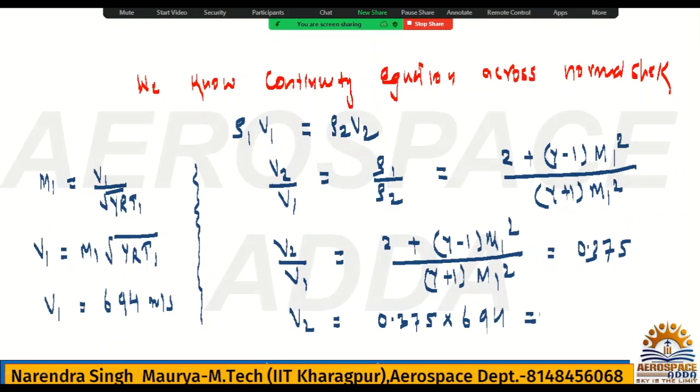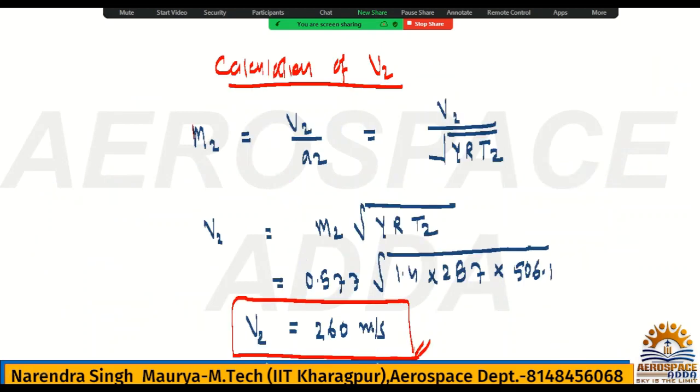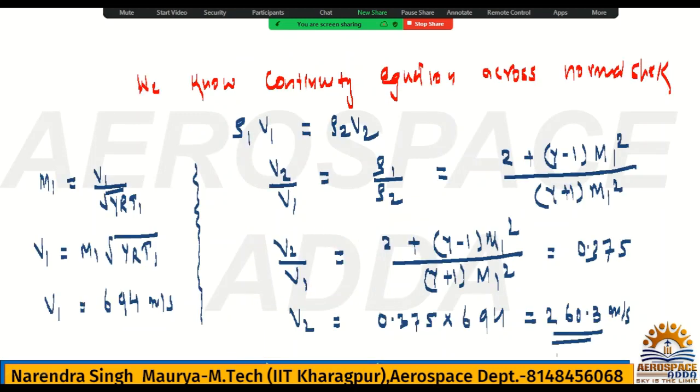It is 260.3 meter per second. Take this V2 and this V2. It's almost the same, no? So this is the cross check actually. Okay, done. So this is the first problem for the normal shock.